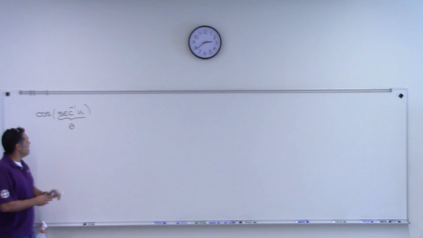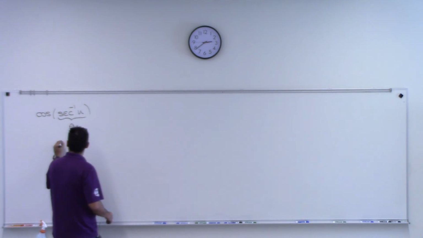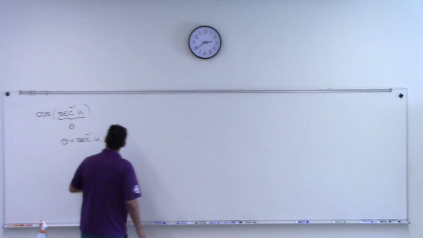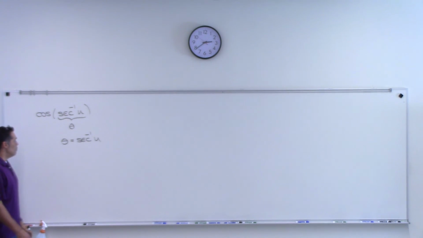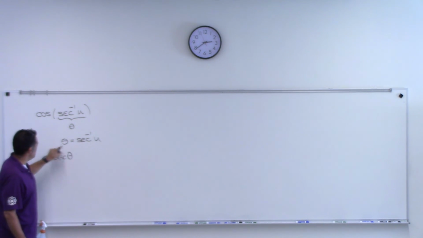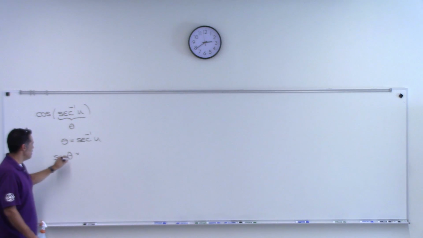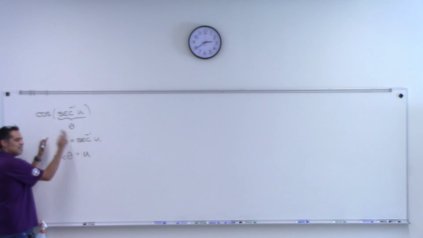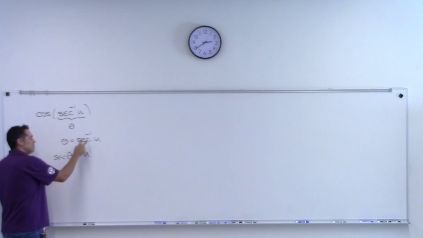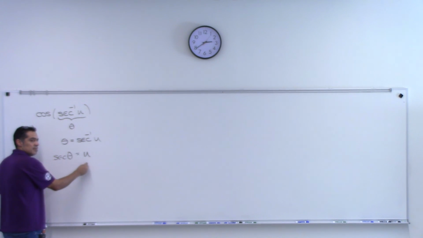That tells me, from that information, I can say theta is equal to secant inverse of u. Which means that secant of this angle, secant of theta, must be u. So it's like I'm taking secant on both sides. Secant of secant inverse kill each other off, and I get this.